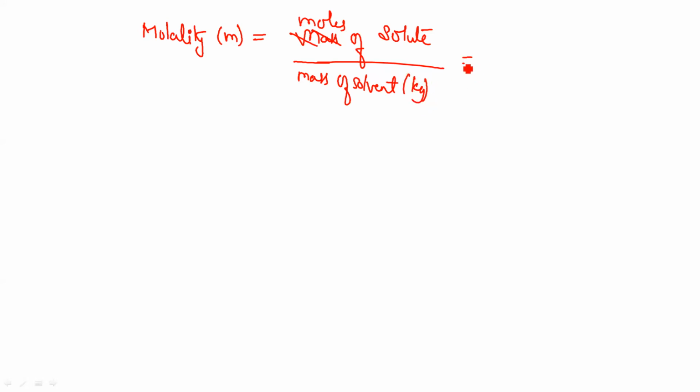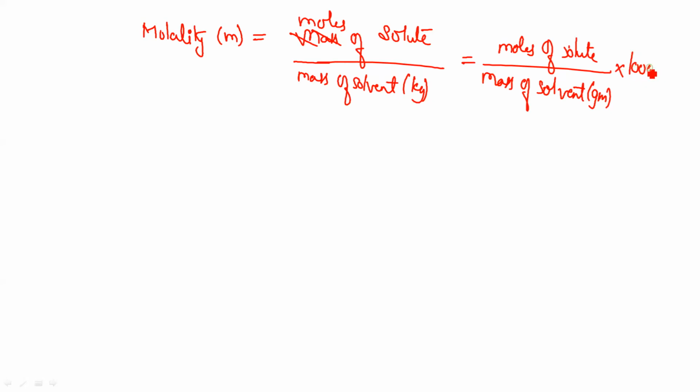If it is given in grams, then you have to change the formula like this: divided by mass of solvent in grams, and we will multiply by 1000. Now again we can change the formula.